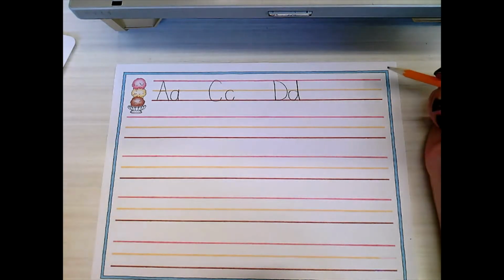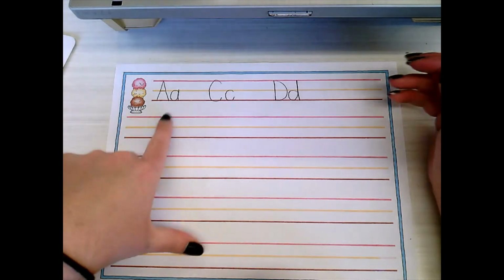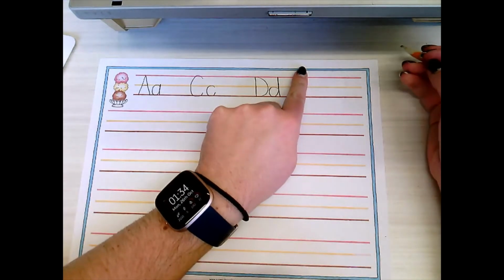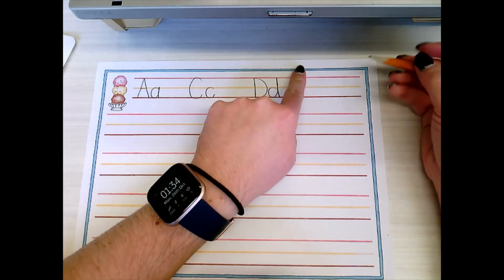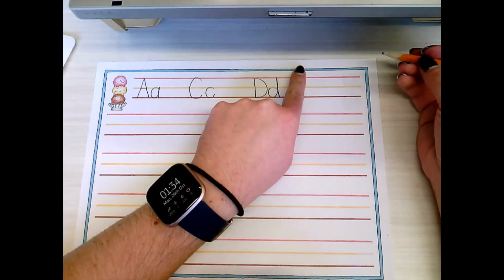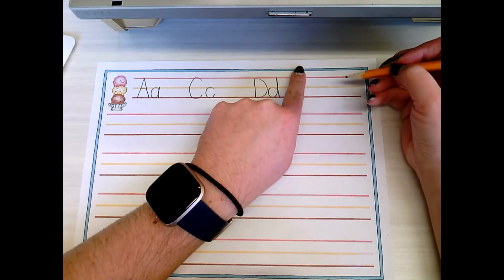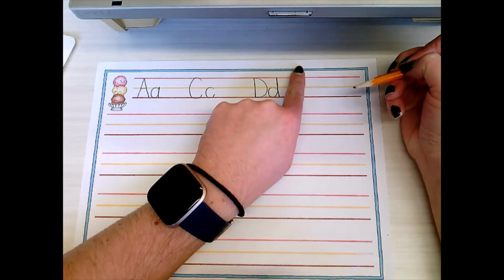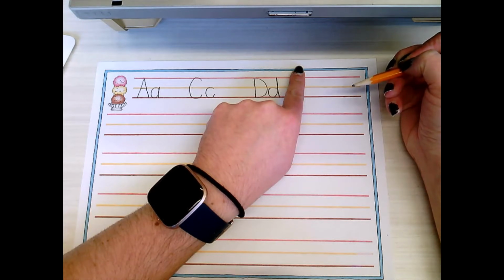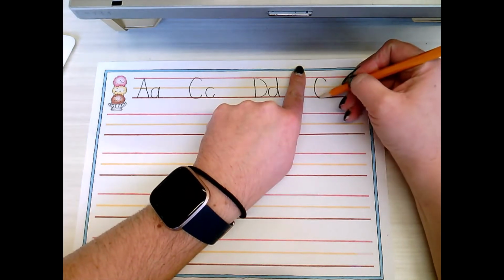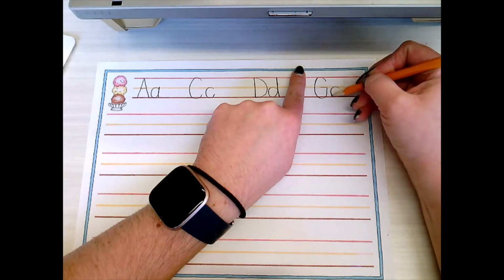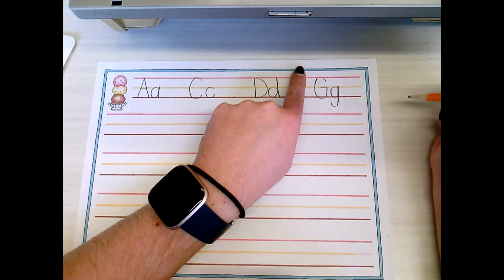Write the letter that says G. Please write the uppercase and lowercase letter that says G. You should have written the uppercase G and the lowercase g.